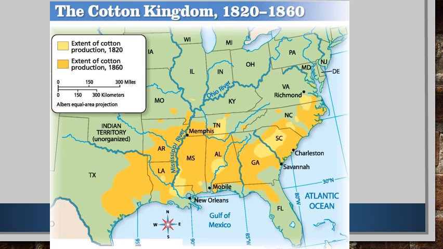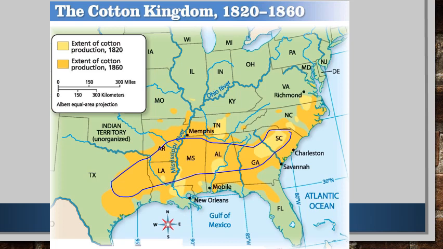As the map shows, cotton production then becomes exceptionally important all the way through the South, but particularly in this area running through South Carolina all the way down to Texas. This area has very fertile soil, good for growing cotton, and so it becomes known as the Black Belt of cotton production.